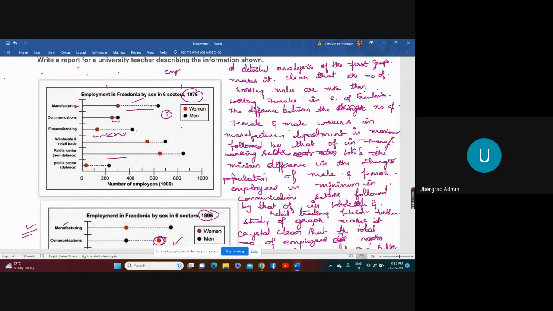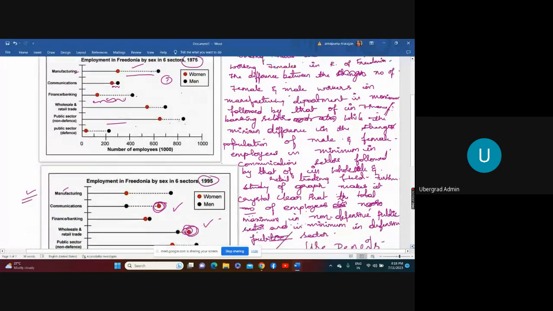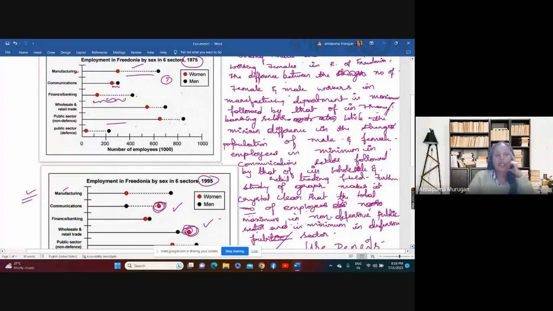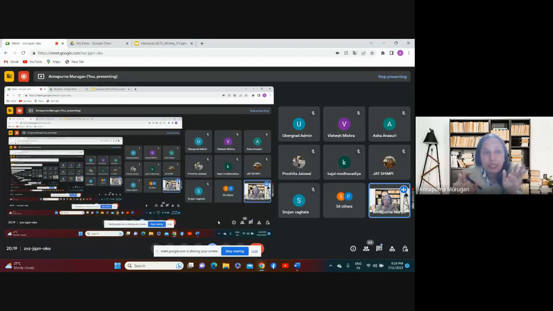One of the students has a question: can we use the number of employees in public sectors is above 200? No, don't use numbers. That is the reason I say so. You could see that nowhere did I use the numbers, isn't it, guys?